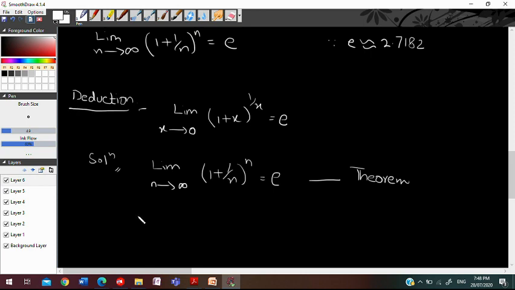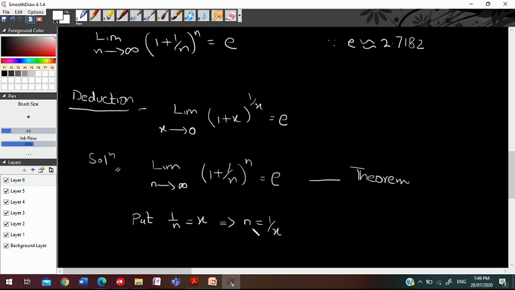We will suppose some values of this function to prove our deduction. We put 1 by n is equal to x, and through this expression the value of n becomes n is equal to 1 by x.